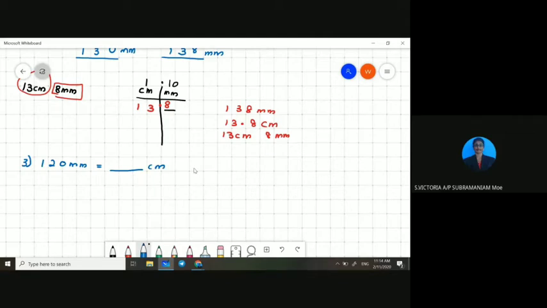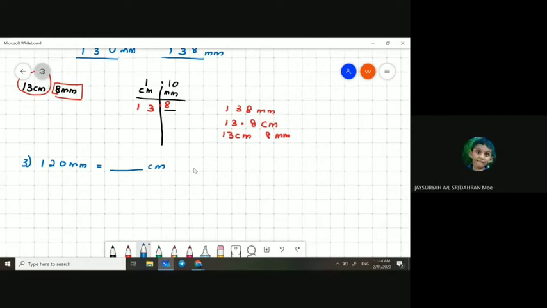120 millimeter. When you convert to centimeter, you can do the method, or you can do the T method, or you can use the formula. From millimeter to centimeter, what is the formula? What do we have to do? Divide. Divide with how much? 10. Why 10?